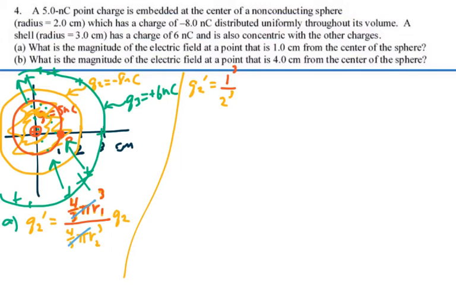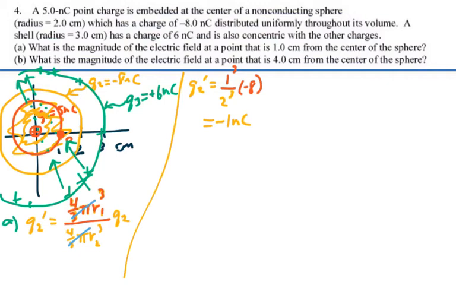You don't have to worry about the centimeters because top and bottom, those units will cancel out, times Q2, which is a negative 8 nanocoulombs. So Q2 prime is going to be equal to 8 divided by 8, a negative 1 nanocoulombs. And that will be the charge that is inside this surface due to Q2.